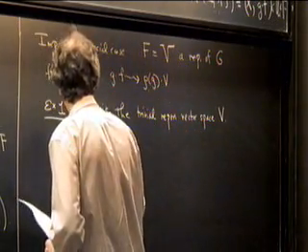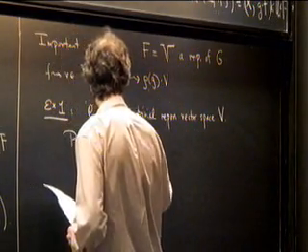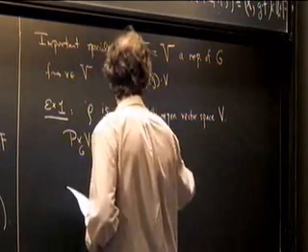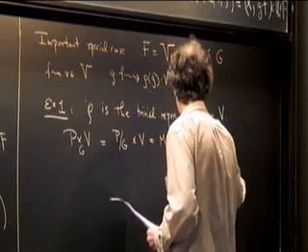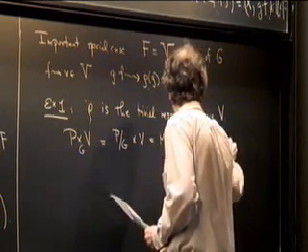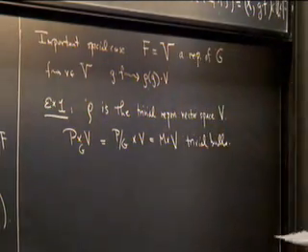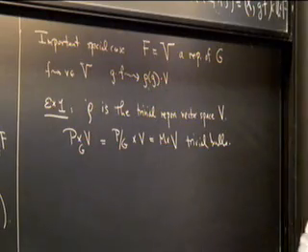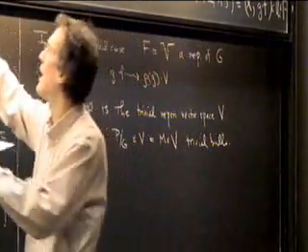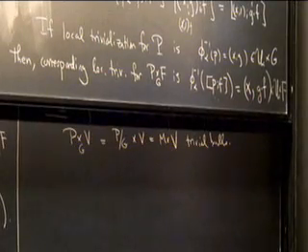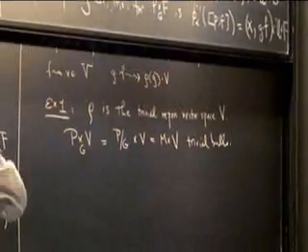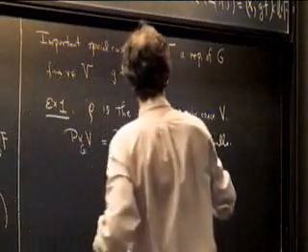Then P cross G of V is simply P mod G times V, which is M times V, the trivial bundle. You see, because in this equivalence relation, if I have the trivial representation, then this is not doing anything, so I'm just quotienting out P by G, and that's M.